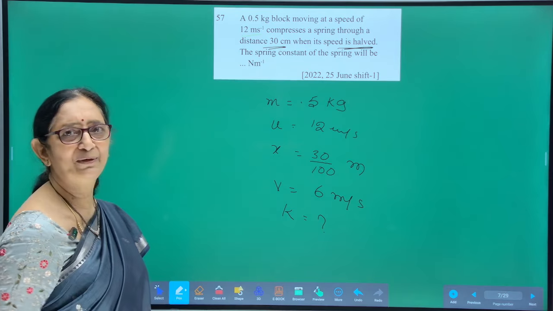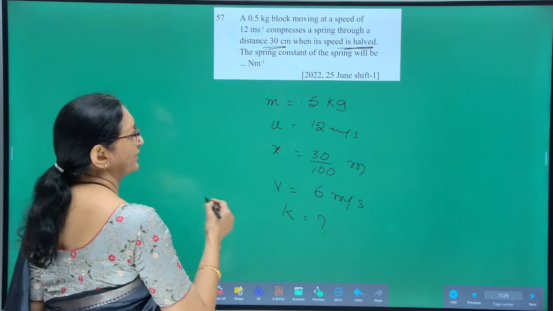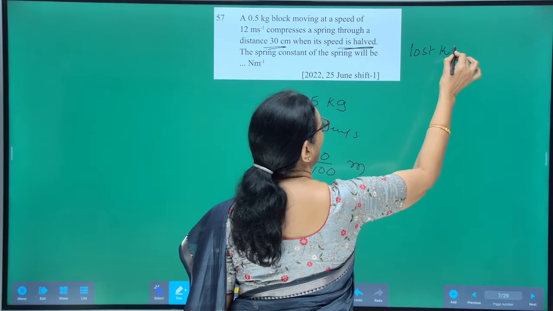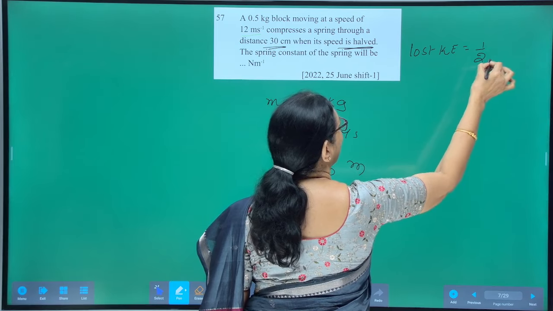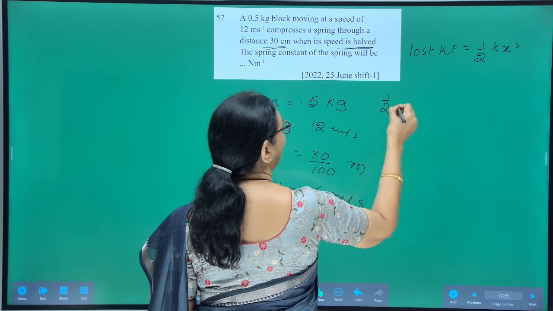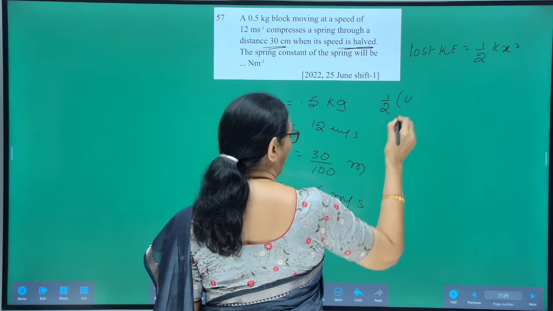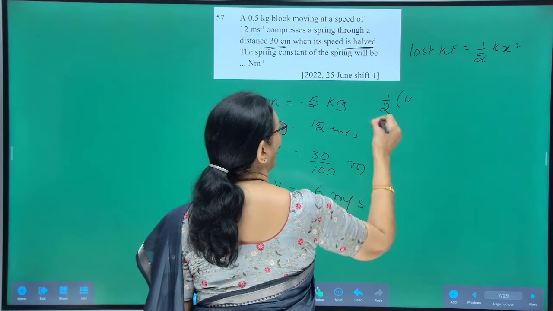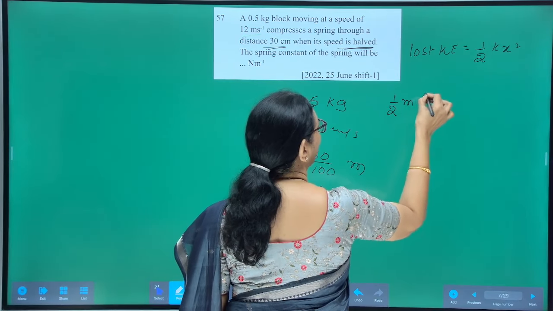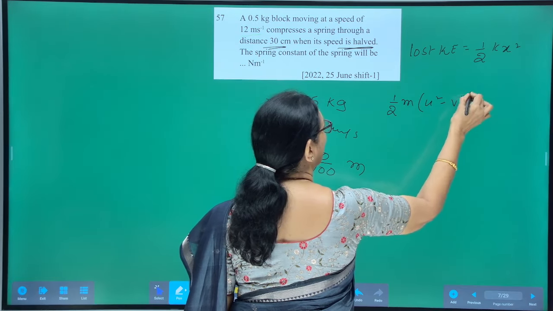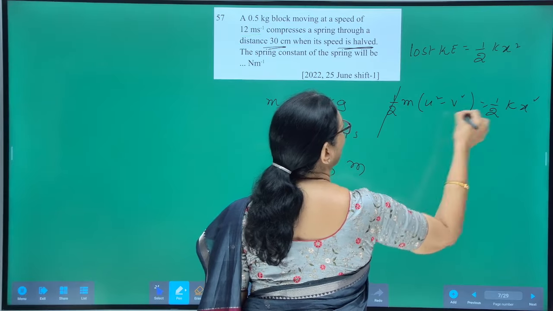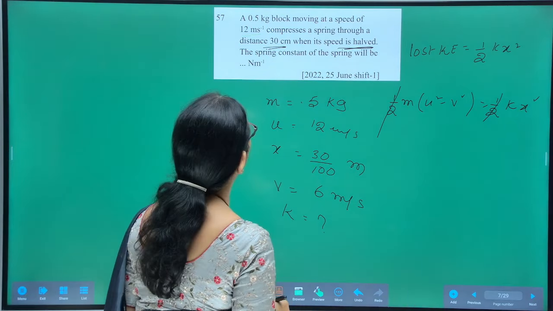Just now we have done a problem of the same type. So lost kinetic energy is gain in potential energy of the spring. So half m, lost kinetic energy, this is half m u square minus v square is equal to half k x square. Actually, you can cancel that half on both sides.